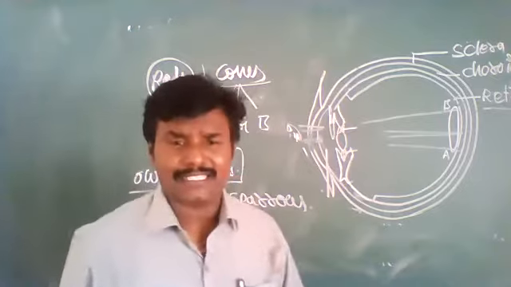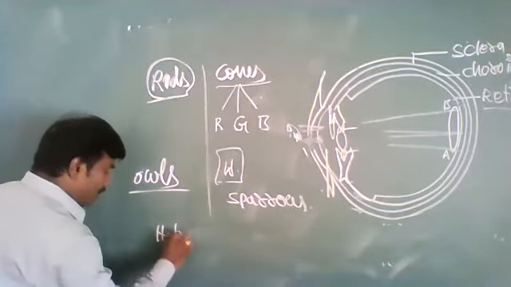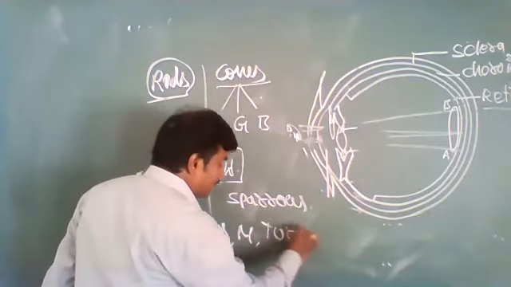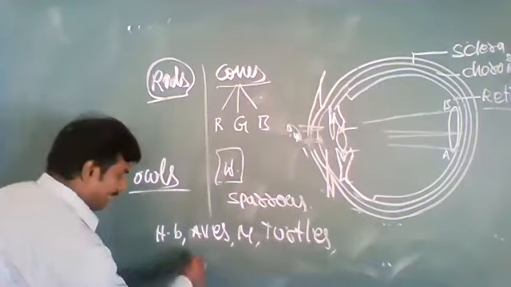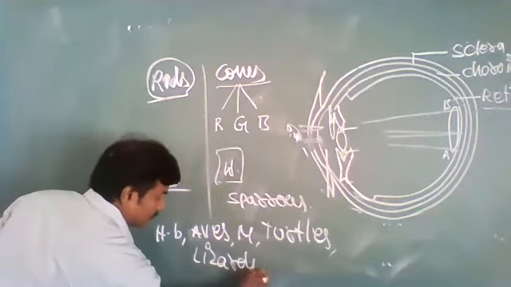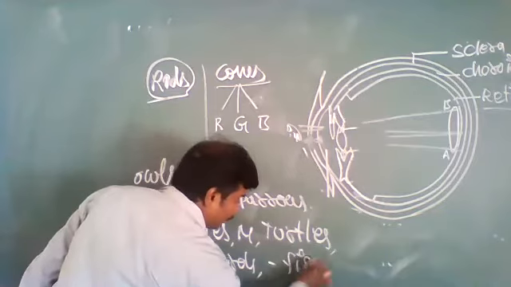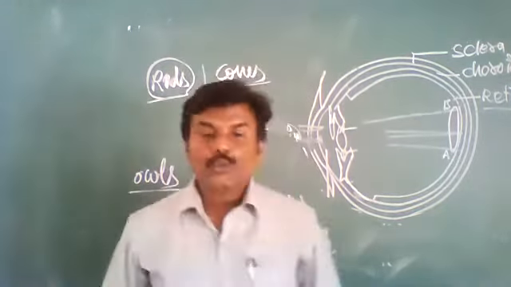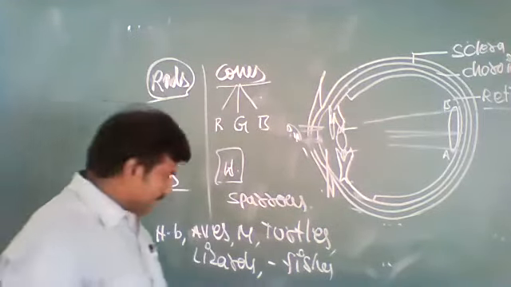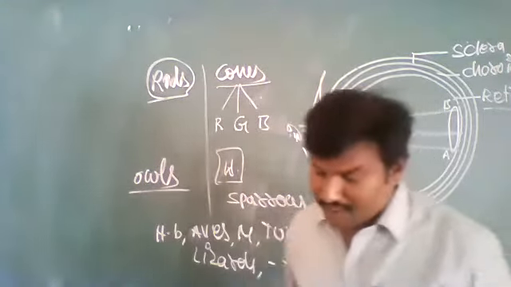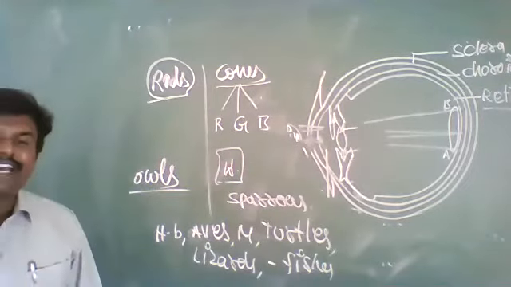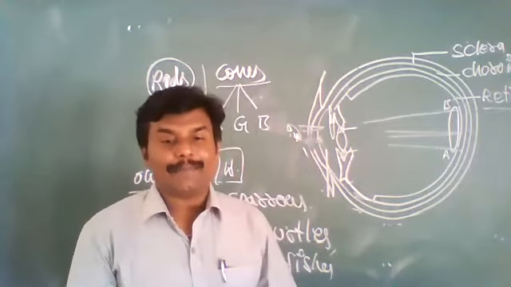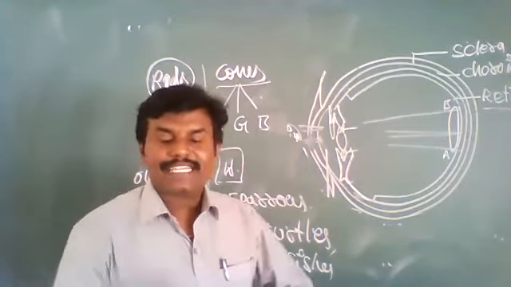Human beings, monkeys, turtles have the ability to see colors. But some fishes, shark fishes, and most of the domesticated animals don't have the ability to see colors.